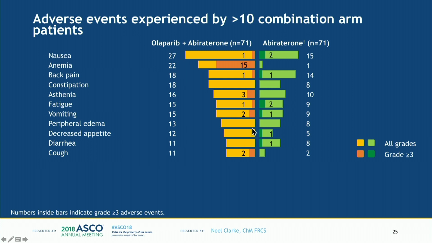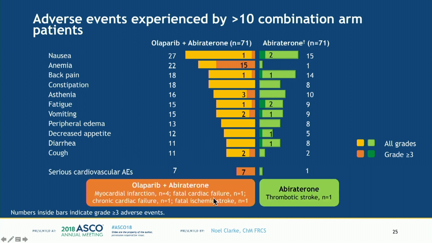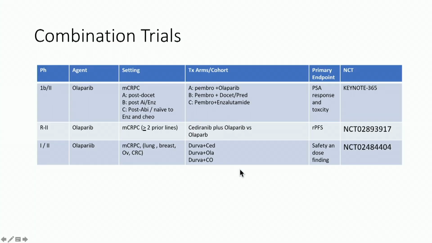There have been a higher rate of cardiovascular events seen in the combination arm versus the single-agent abiraterone arm, 7 versus 1, and there was 1 thrombotic stroke in the Abi arm. There were fatal cardiac failure in 4, fatal ischemic stroke in 1, and chronic cardiac failure in 1 patient as well. So this is something that needs to be of concern.